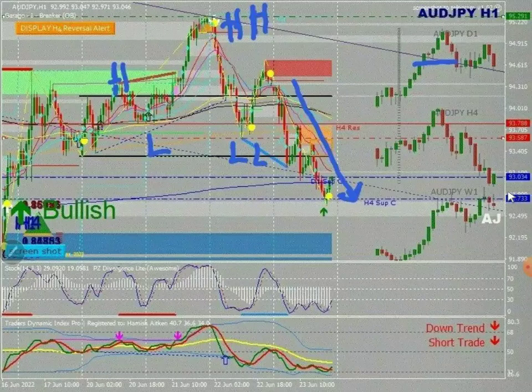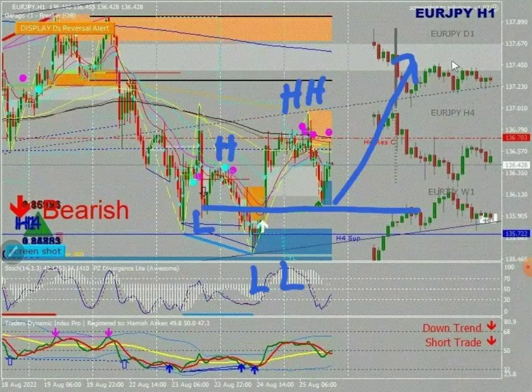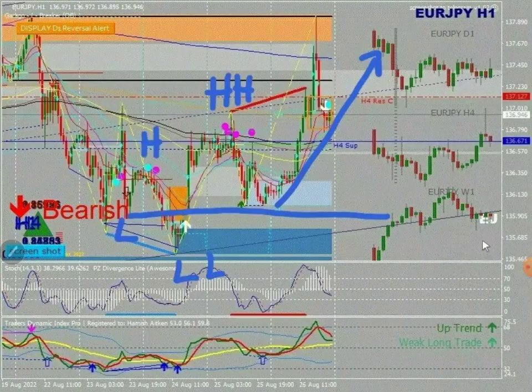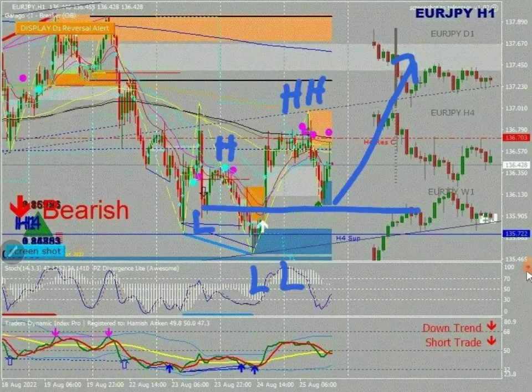So let's look for another one on EJ. What the structure? The structure is broken up. Structure has broken up.